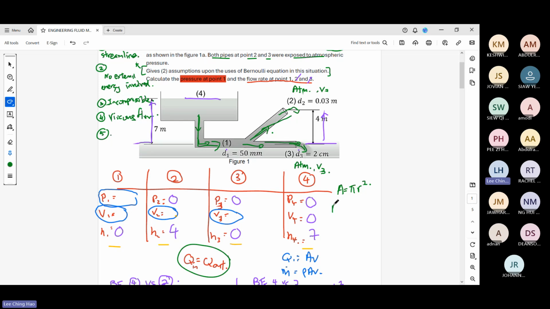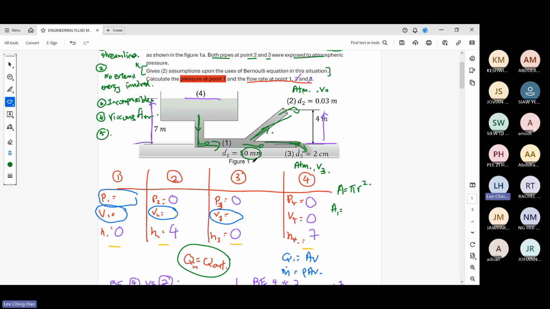For A1, because 50 mm, everything has to be in meters, so 50 mm becomes 0.05 meter. This one 0.03 meter, and this one 0.02 meter.